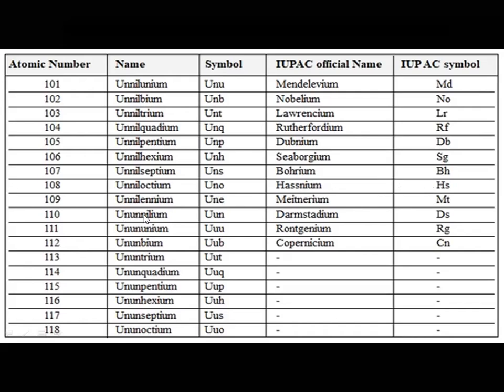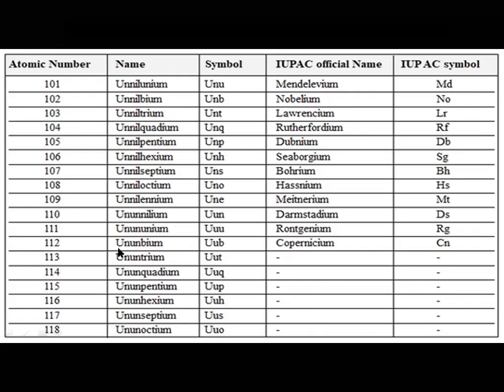110, Nillium, UUN, Darmstadium, Ds. 111, Unnium, UUU, Roentgenium, it is called Rg. 112, Copernicium, Unbium. After this, elements are still being discovered, but they are not being patented on any of the scientists or places.